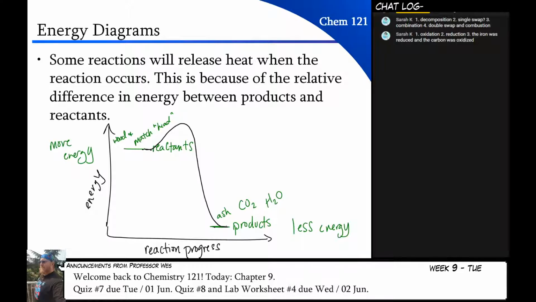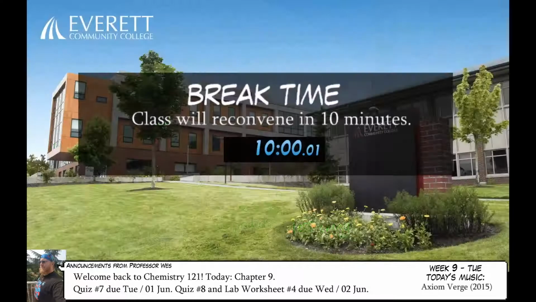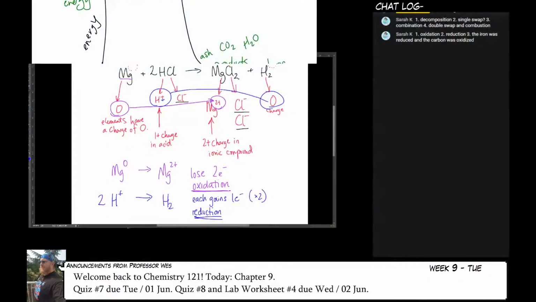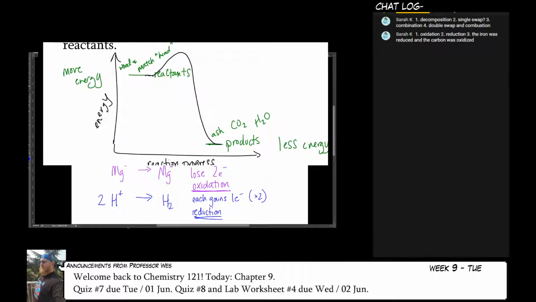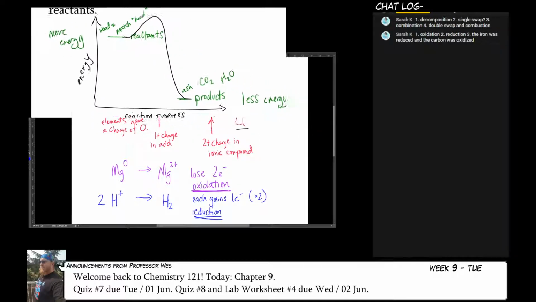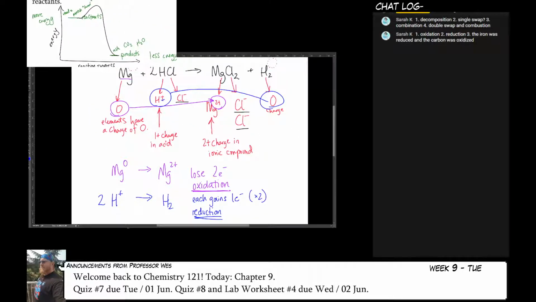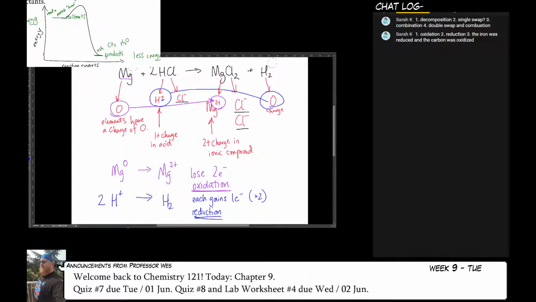Now, I put a hill in the way. I'm going to put this back on the screen so you can kind of see it. I'll just make it smaller here. And what I've made is called an energy diagram.